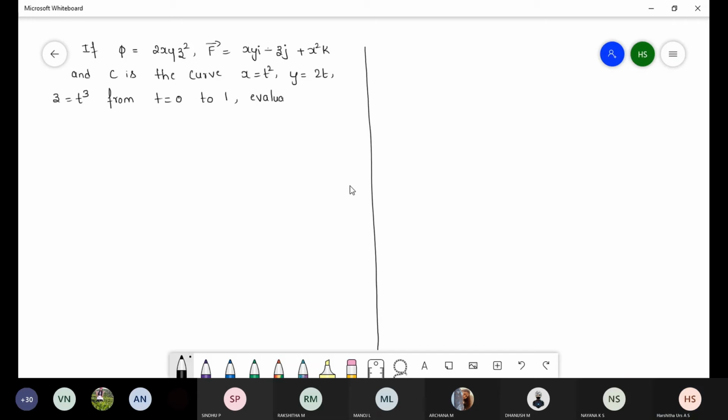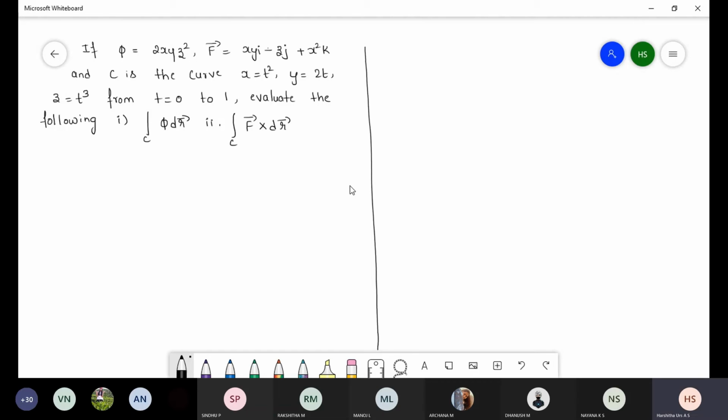Evaluate the following. The first one, integral over the curve C phi vector dr, and the second one, integral over the curve C vector f cross vector dr.